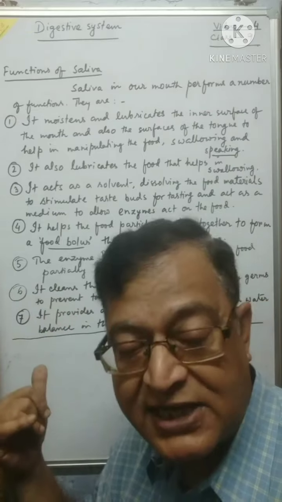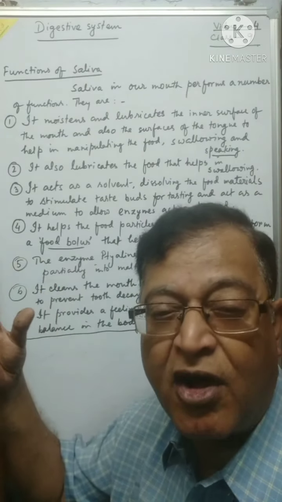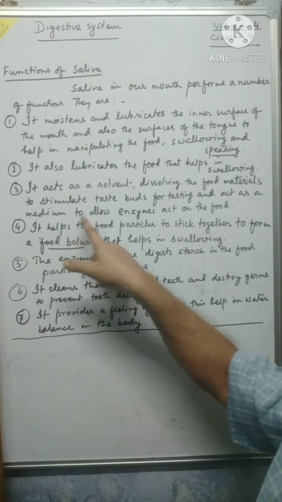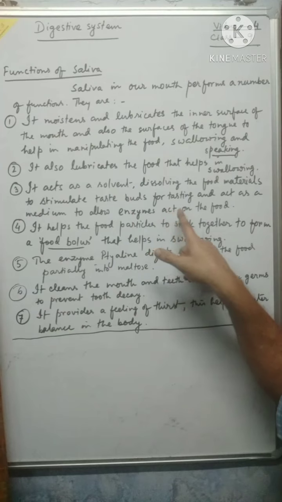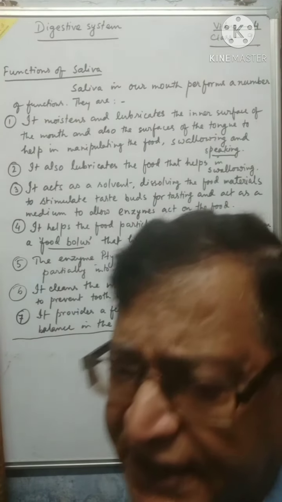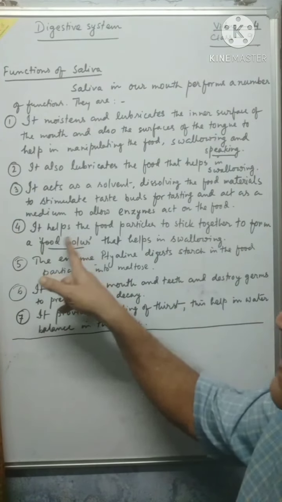So saliva provides the medium of reaction for the enzyme. So it helps as a medium to allow enzymes to act on the food. One enzyme is present in our saliva, that is also being helped. Number 4.